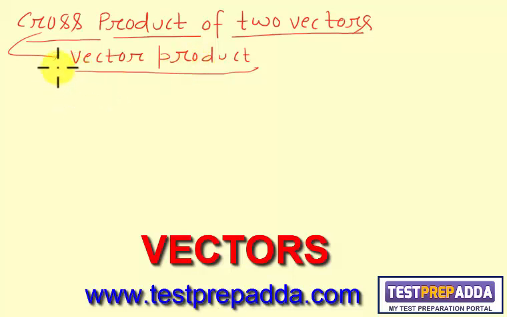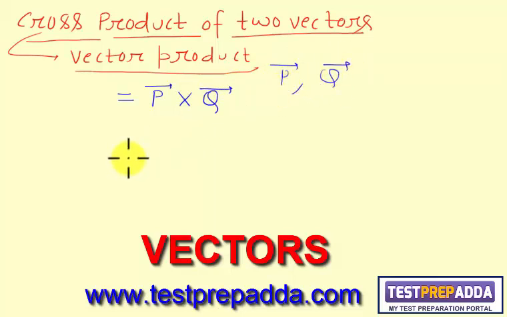First of all, how do we denote this cross product? Representation. The cross product is denoted by P cross Q. P is one vector, Q is another vector.